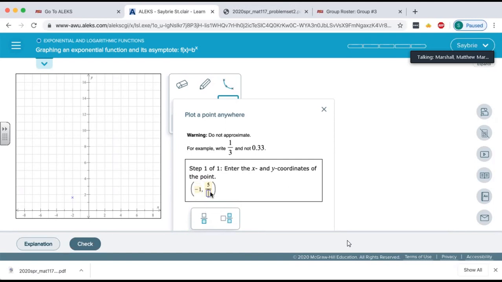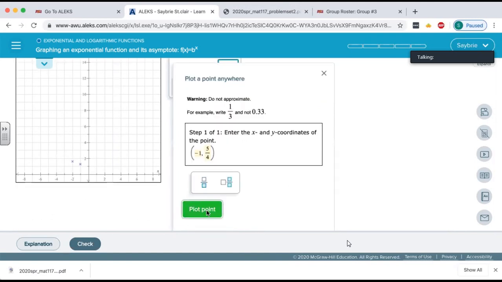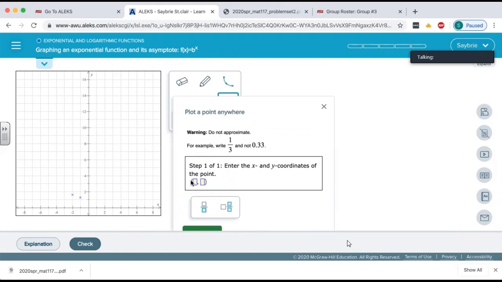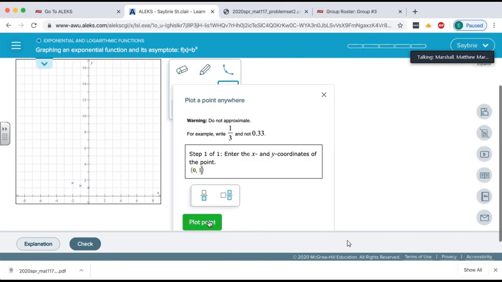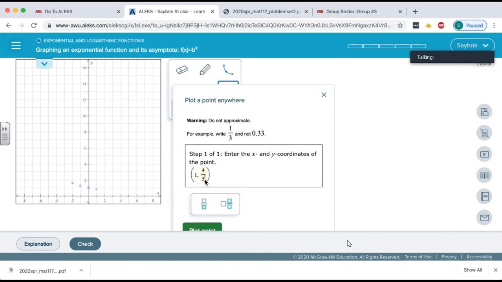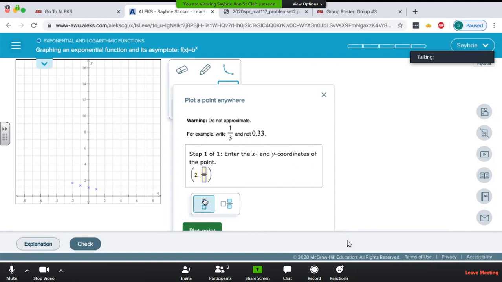Yep. And if you plug in 0, you're going to get 1, because anything to the 0 power is 1. If you plug in 1, you're going to get 4/5. And if you plug in 2, you're going to get 16/25, I think.